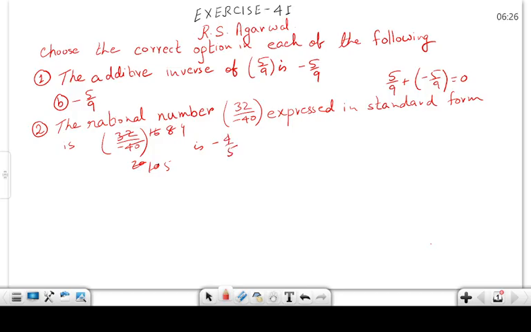Therefore the correct option is minus 4 by 5, that is option D.